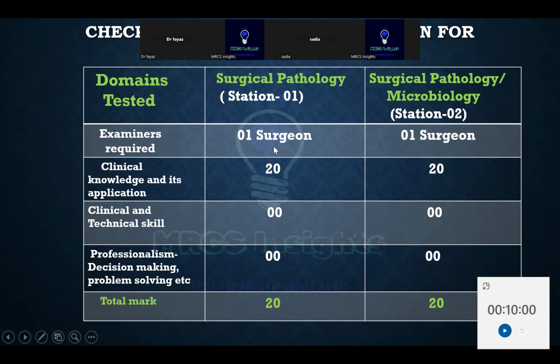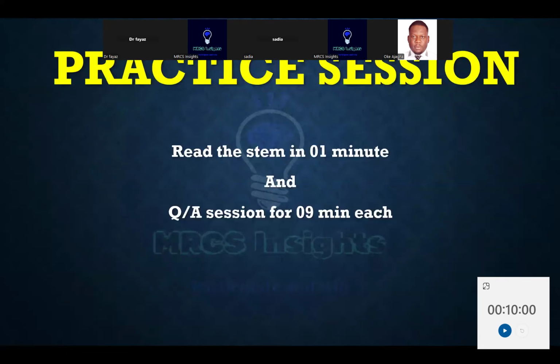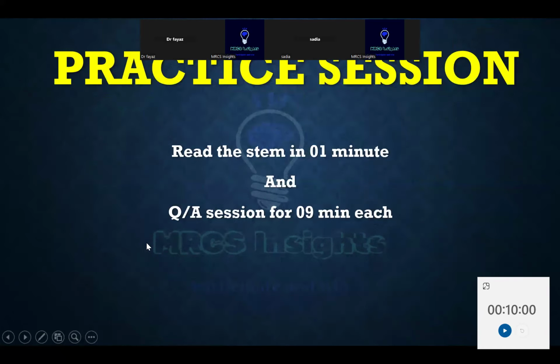There will be one examiner in each station, and the marking will be done on your clinical knowledge and research application only. The total mark is 20. You will get 1 minute to read the stem outside the station, and after hearing a bell you have to go to the station, and the question answer session will be another 9 minutes.